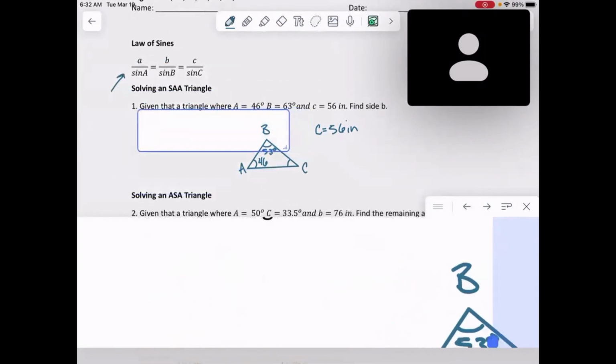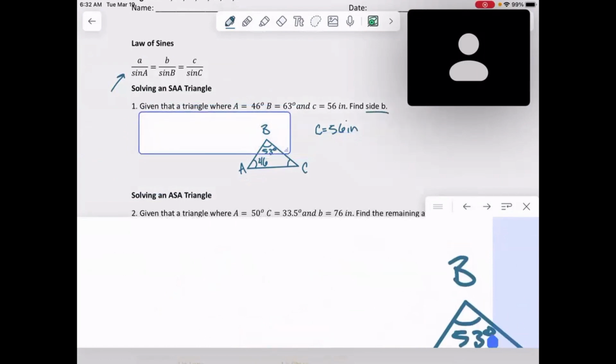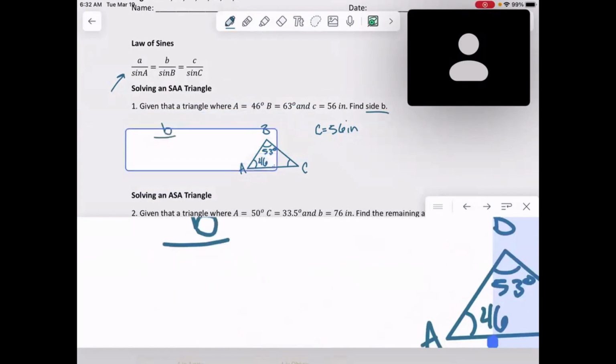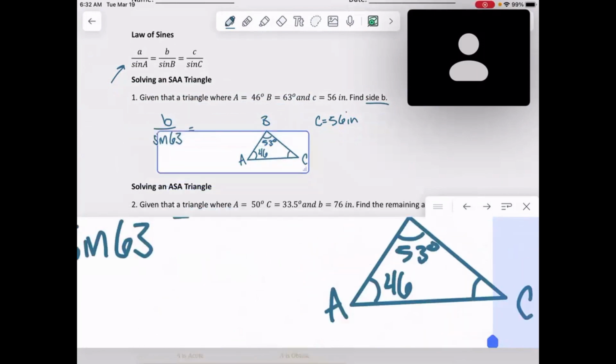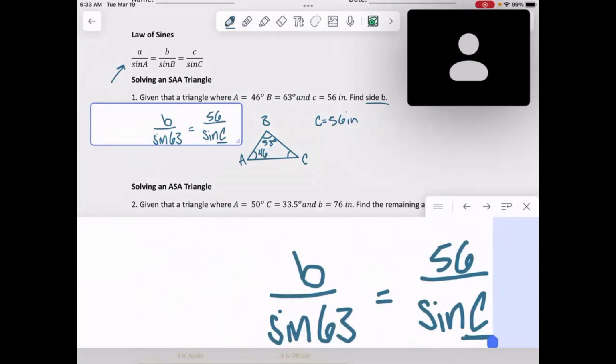So in this case, it wants us to find side B. So if we wanted to find side B, we would say B divided by the sine of B, which was 63 degrees, is going to be equal to, well, we know what side C is, so let's try C. So C is 56 divided by the sine of C. Well, what we do not know is this C, and what we're trying to find is this B.